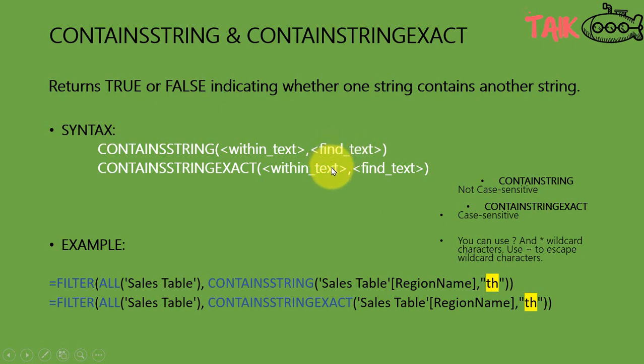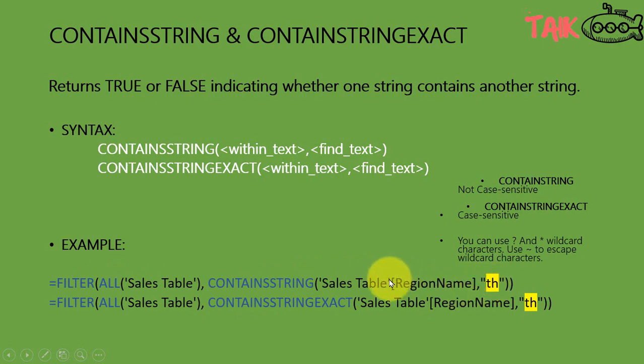The syntax is the same for CONTAINSSTRINGEXACT, only the name changes. But there are two things to consider here: CONTAINSSTRING is not case sensitive, and CONTAINSSTRINGEXACT is case sensitive. You can use the question mark and the star wildcard characters, or use the escape symbol to escape a wildcard character. The example is I want to return a table with all the values containing "th". The same thing applies here.